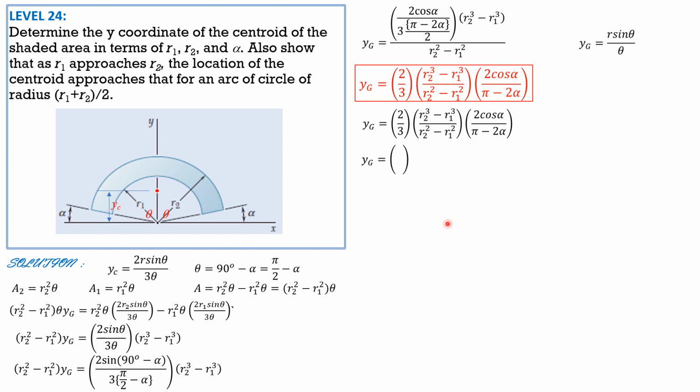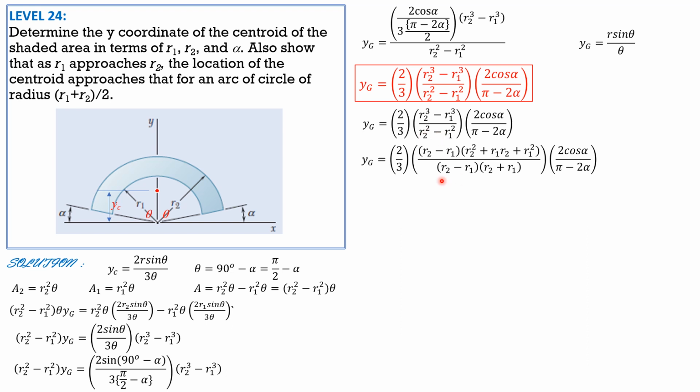So yg is 2/3 times the quantity R2 minus R1 times R2 squared plus R1 R2 plus R1 squared, after we factor this difference of two cubes and difference of two squares.